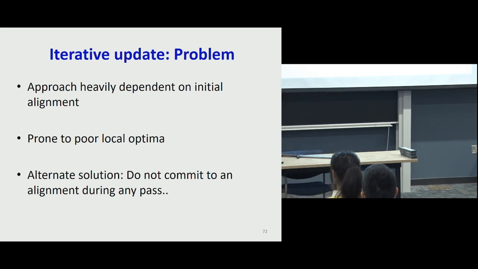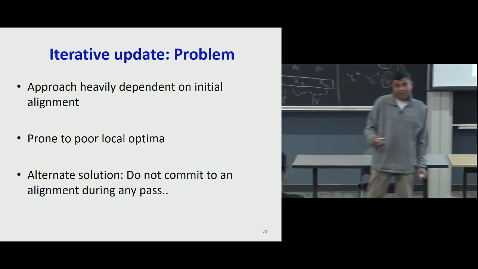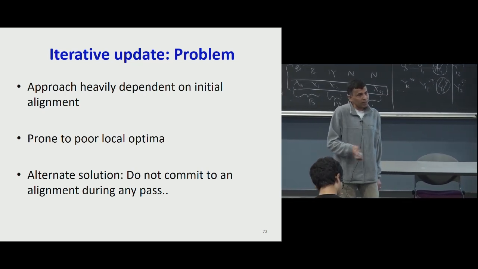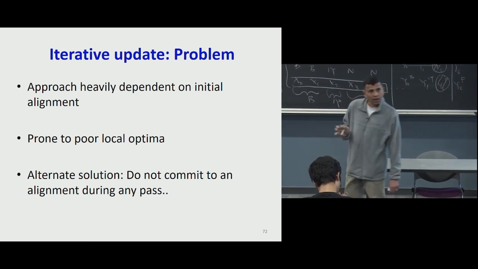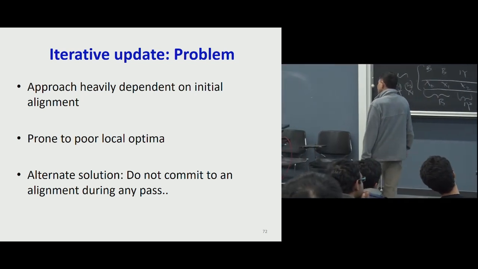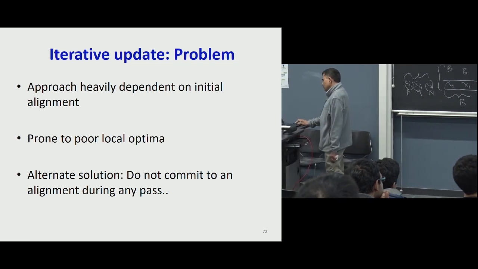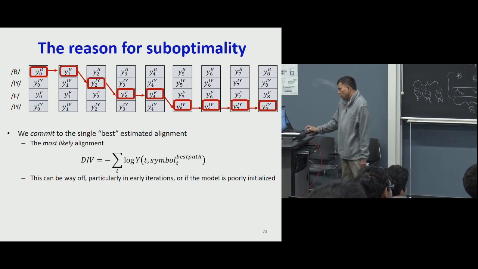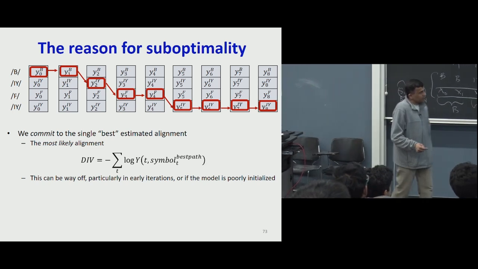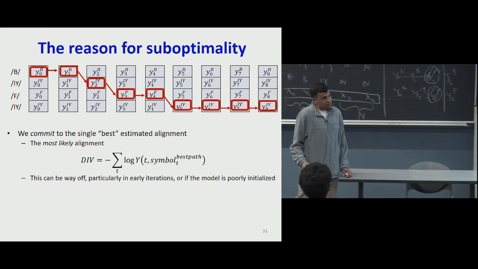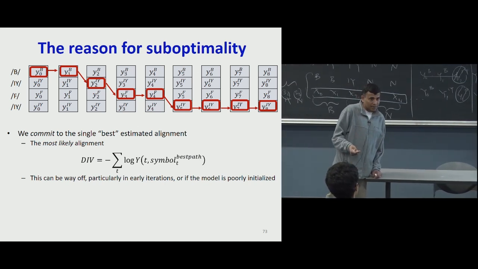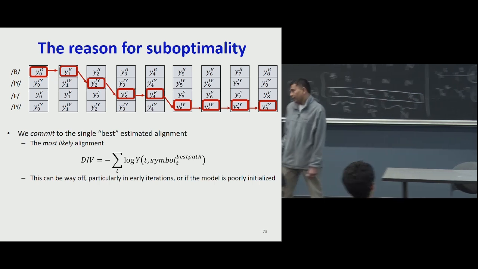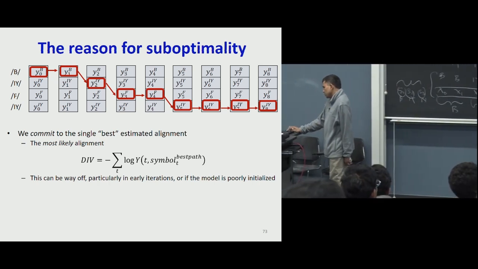And if I have a lousy alignment at some point, which is likely to happen particularly in the initial phases of the training, then the whole training can get sidetracked. So the real issue again is that at each time we are committing to the best estimated alignment, which is the most likely alignment, and this can be off, and it can lead you down the garden path. So here is a solution.